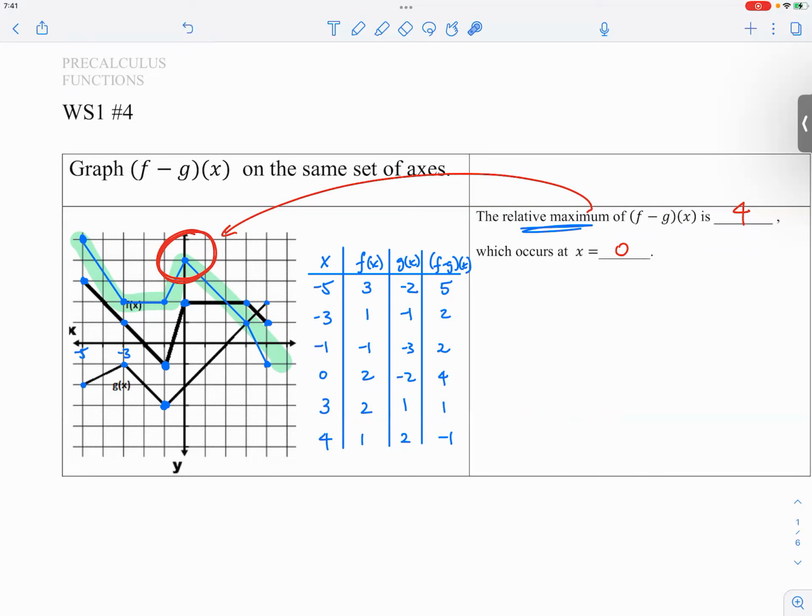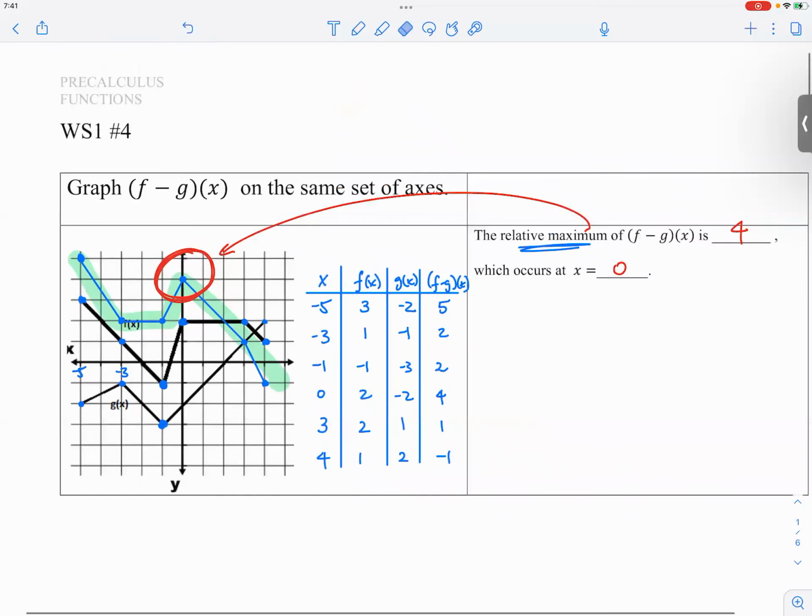But we don't call it the relative maximum because in order to have a relative maximum, it has to somehow go up and down. And since it's the endpoint, it didn't really go up. It just begins to go down. So that's why we don't call that starting point a relative max.